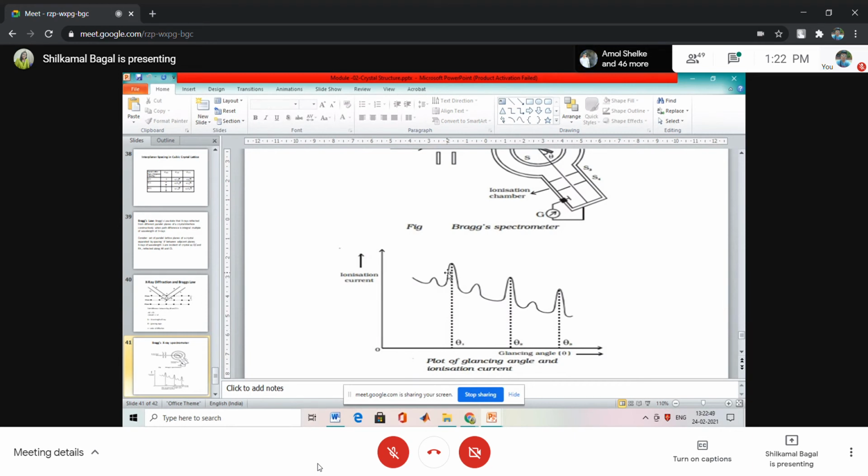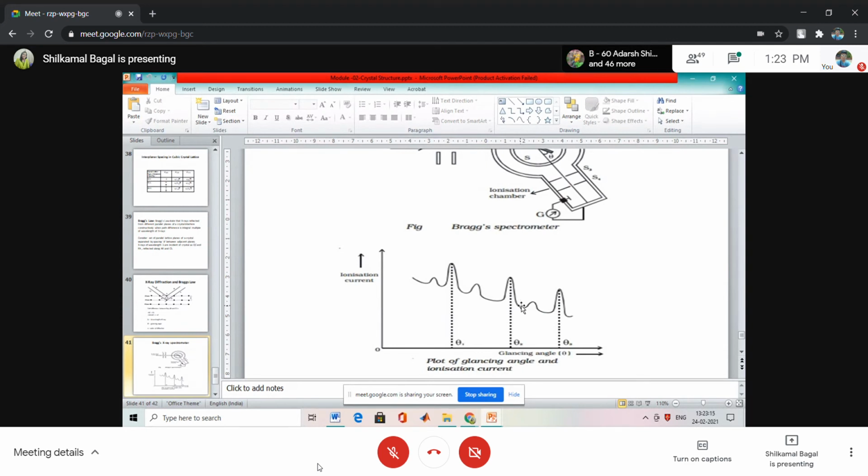Then again, with further rotation of the turntable after the first maxima, the intensity will go on decreasing, and then again a particular position will come where the intensity goes to the maximum, meaning the current goes to the maximum, meaning the second order maxima has come.